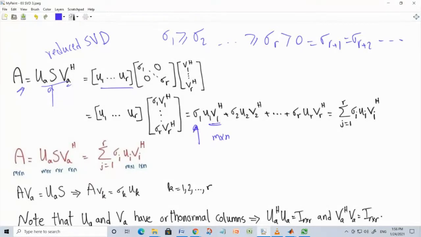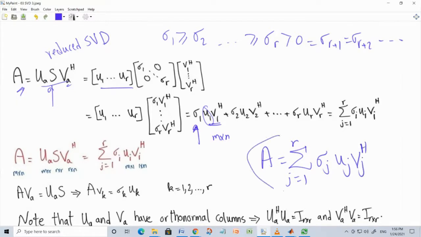Again, it's the outer product of a vector in matrix U and the corresponding vector in matrix V. So matrix A can also be represented in this nice form. I can do a summation, sweeping through the strictly positive singular values, of sigma_j times the outer products u_j v_j Hermitian. Sometimes this is a useful way of expressing matrix A.